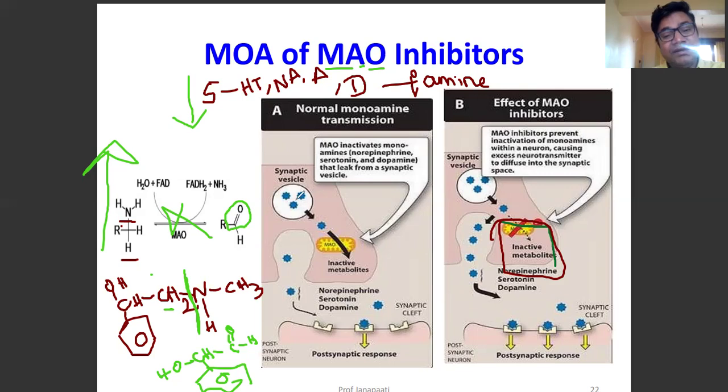You can see it. Three neurotransmitters are present here. Two are released, one is getting metabolized. Only two are able to bind to the receptor.